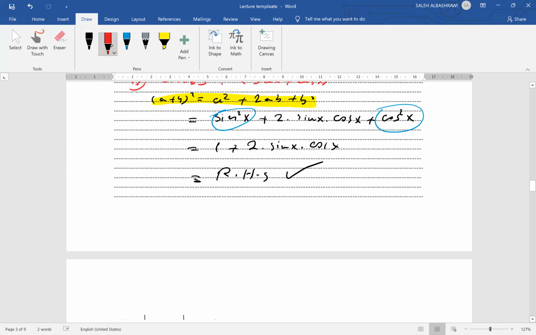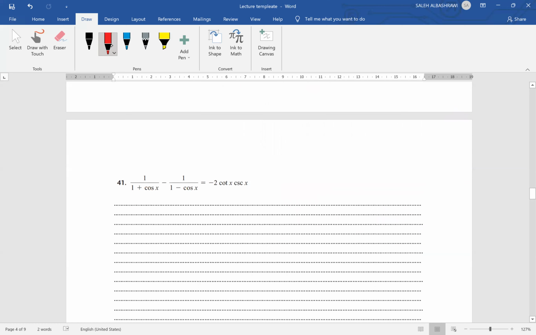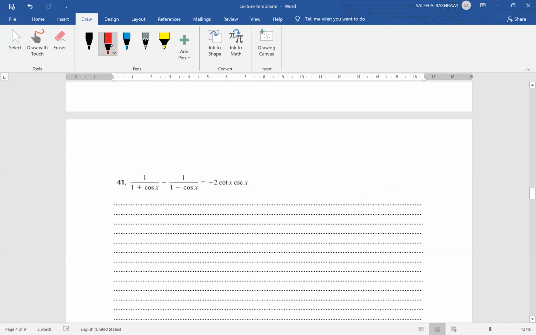Next example. We need to prove that the left-hand side, which is 1 over 1 plus cosine x minus 1 over 1 minus cosine x, equals minus 2 cotangent x cosecant x. On the left-hand side, I'm going to combine the two fractions. To combine them, multiply the denominators together and do the cross multiplication.